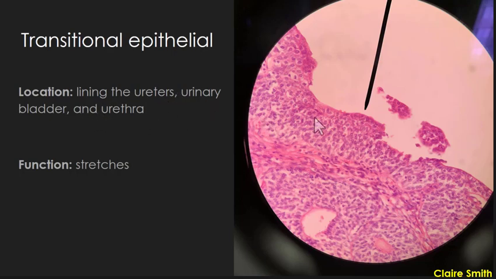So your bladder obviously is going to fill with urine. Okay. So when your bladder fills with urine, it's going to get bigger, and it needs this special transitional epithelial to be able to stretch to hold that liquid, right? So in your urinary system mostly is where you're going to see transitional epithelial. Okay.